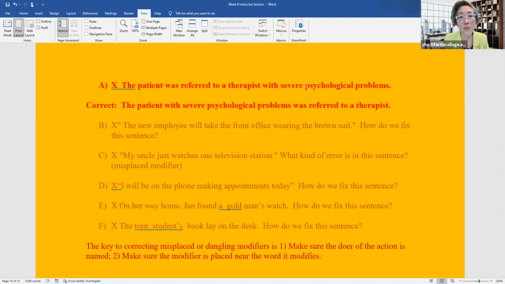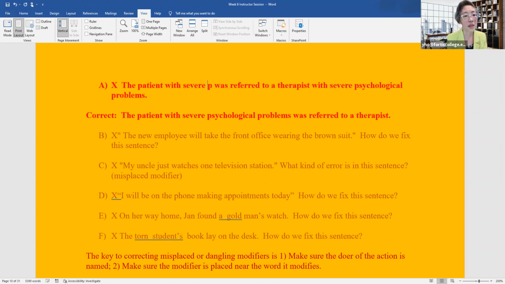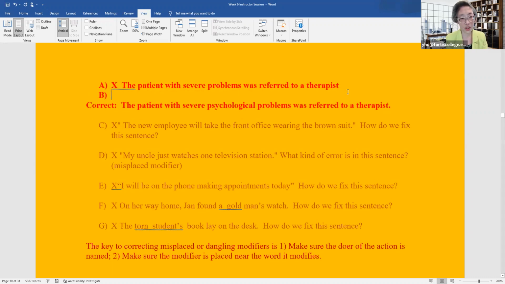Remember that your modifier always has to be placed next to what it modifies. And so in this case, with severe psychological problems, it's not the doctor that's crazy. You're the one that has the psychological problems. So therefore, you have to move this phrase, with severe problems, to a therapist. Notice how I changed the position, okay?